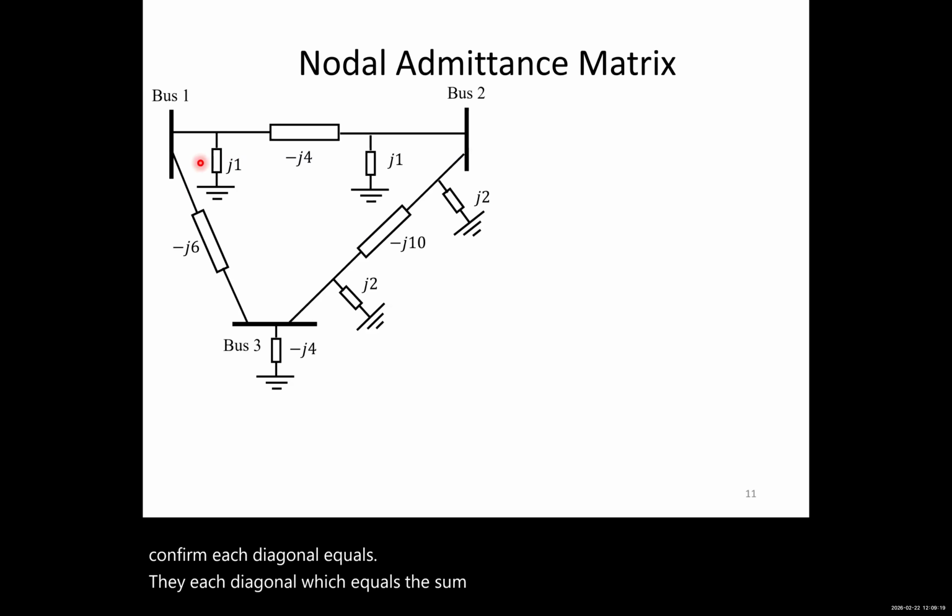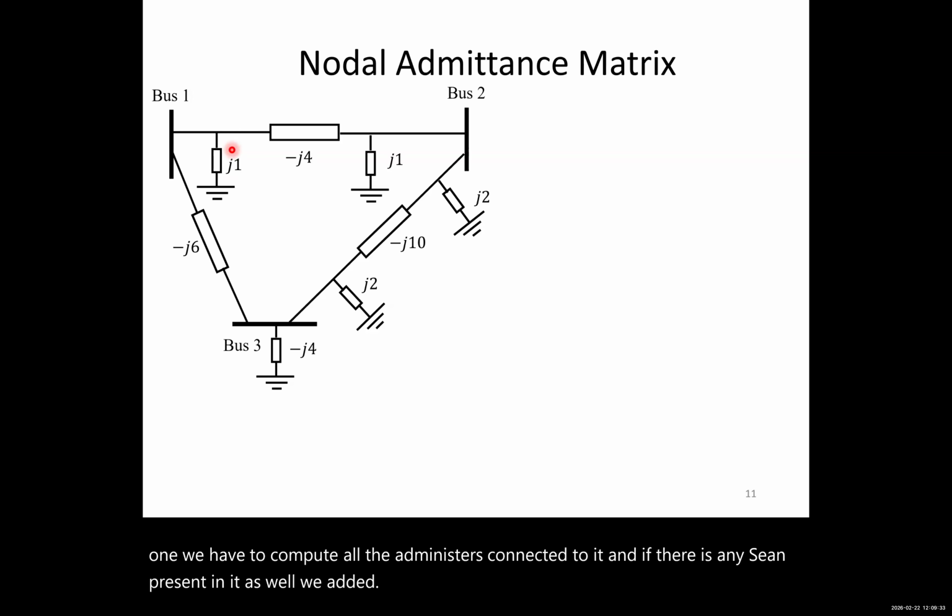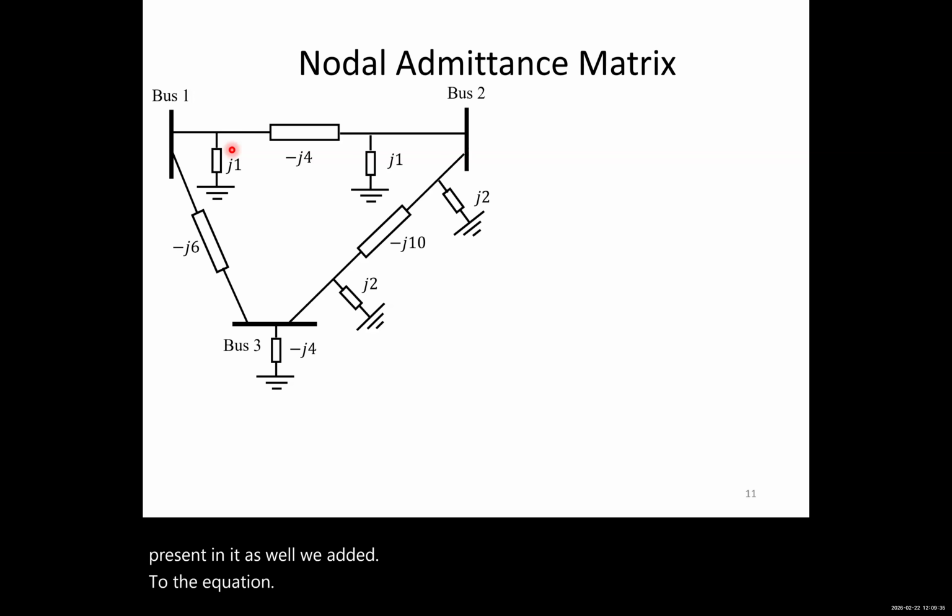So for example, for bus 1, we have to compute all the admittances connected to it, and if there is any shunt present, we add it to the equation. Once Y bus is correct, we can move to the power flow.